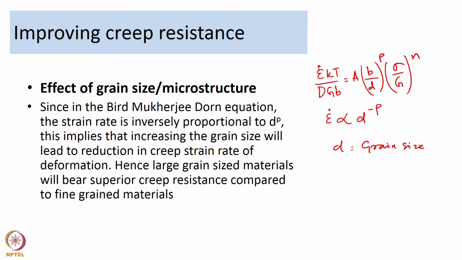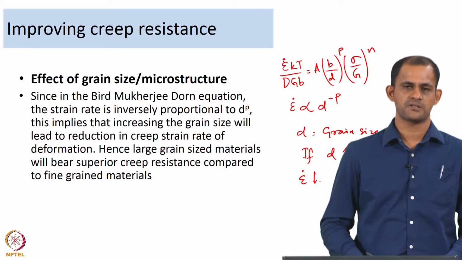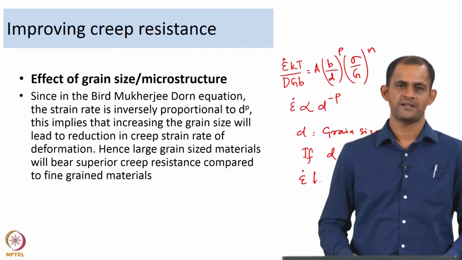Clearly, if d increases, epsilon dot is going to come down. This implies that increasing the grain size will lead to a reduction in the creep strain rate, hence larger grain sized materials will bear superior creep resistance compared to fine grained materials.